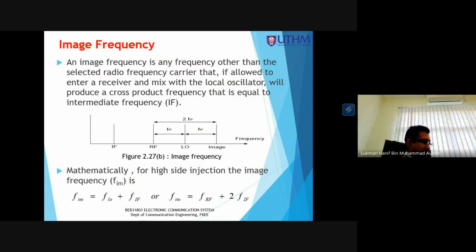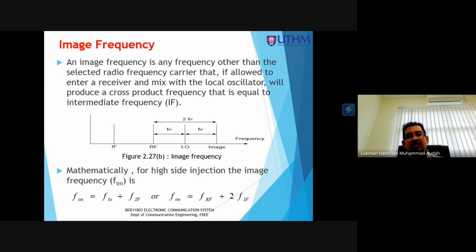Okay. So I will go to the next slide, which is about the image frequency. The image frequency is any frequency other than the selected radio frequency carrier, that if we allow it to pass through the pre-selector, it will mix with the local oscillator frequency and produce a cross product frequency equal to the intermediate frequency.